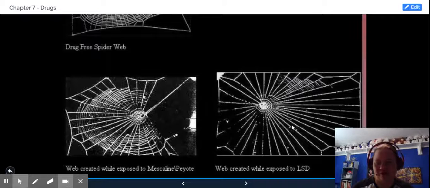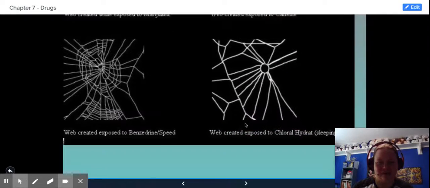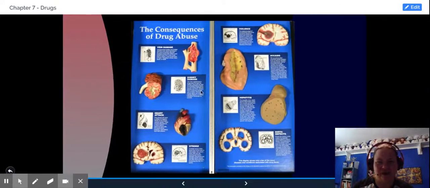As you can see, the web looks totally different. Marijuana, very haphazard. Caffeine, all over the place, which would be typical of a stimulant. Benzedrine or speed, very, very wild, and sleeping pills. So, drugs are not good.